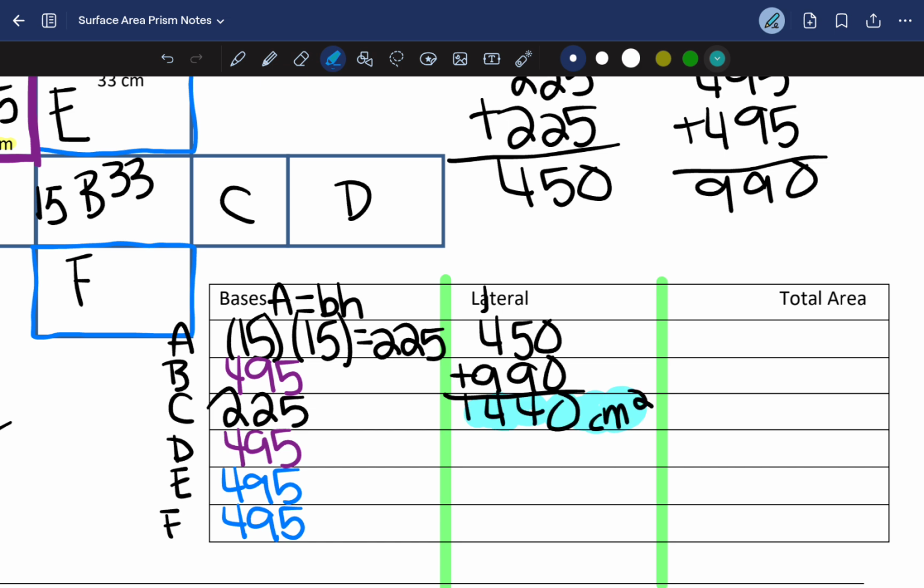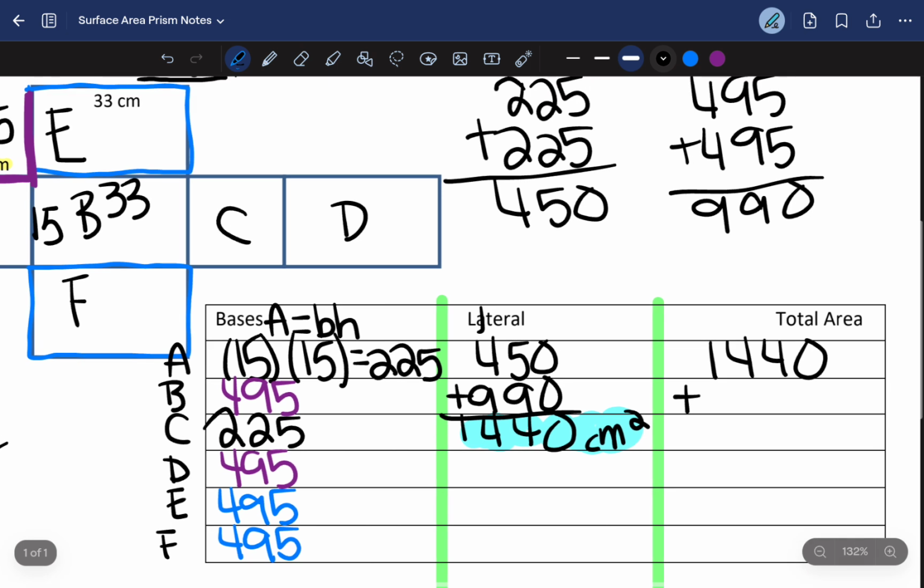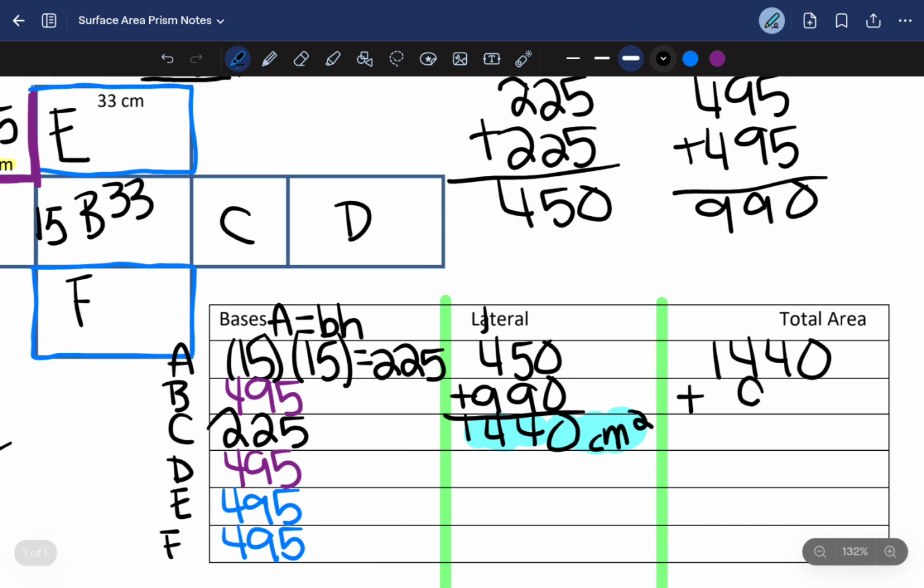And then you're going to add the area of your bases to it. So I'm just going to go ahead and do that real quick. So I have 1,440 plus, and like I said, we did 495 plus 495 earlier, and that is 990. So I'm going to add those two, and I get 0, 3, carry the 1, 4, carry the 1 again. So it's 2,430 centimeters squared.